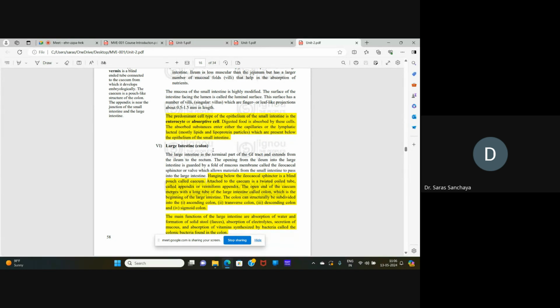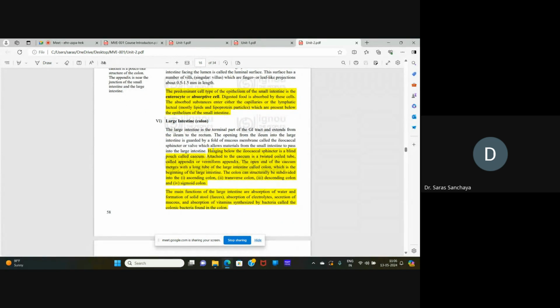The open end of cecum merges with a long tube of large intestine called colon, which is the beginning of the large intestine. The colon can be structurally subdivided into ascending colon from the cecum to transverse colon, and then descending colon, and lastly sigmoid colon, which enters into the rectum.